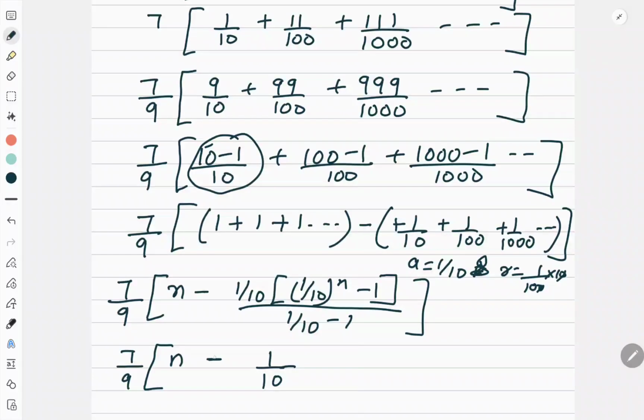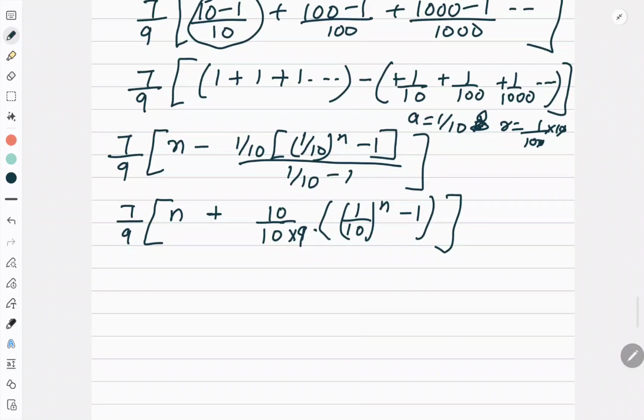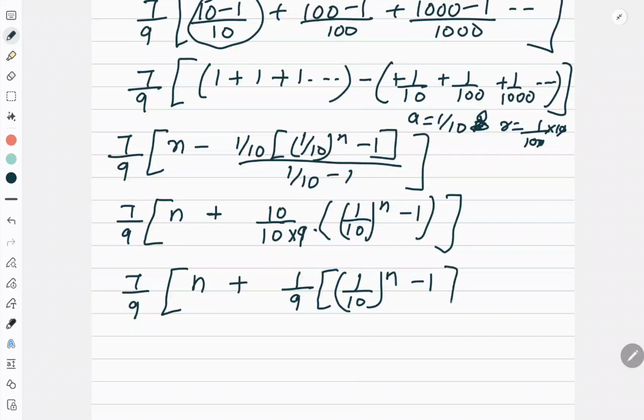Okay. So this will become plus 9 by 10, and in the bracket 1 by 10 to the power n minus 1. Okay. 7 by 9 n plus 1 by 9, 1 upon 10 to the power n minus 1.